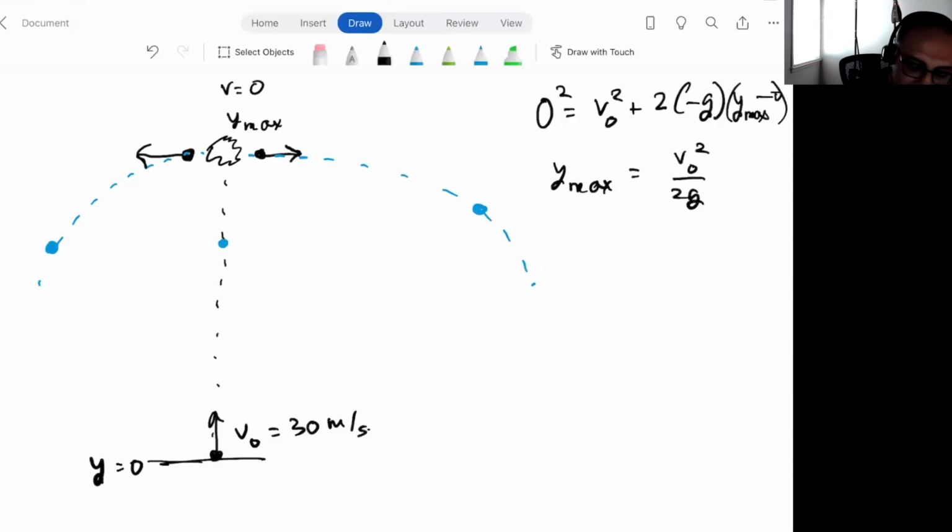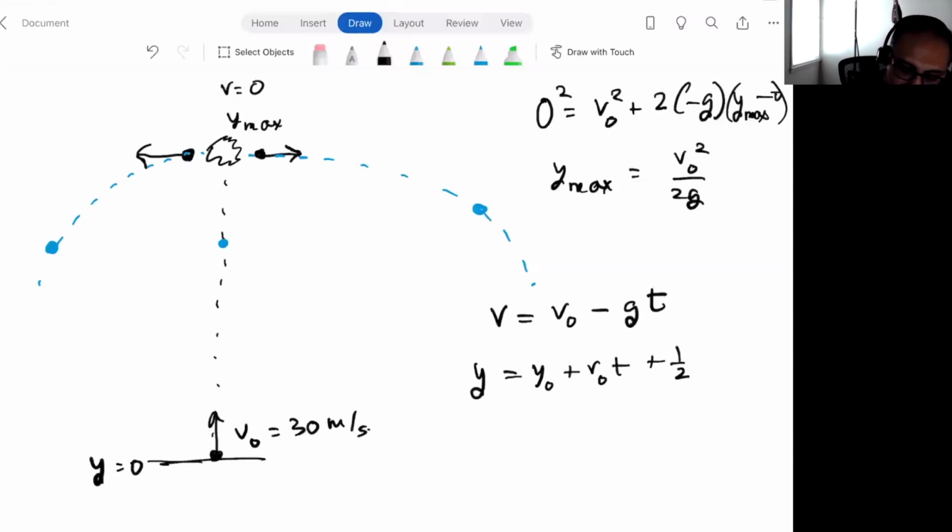Another way you could find it is using the first and second kinematic equations. That would be exactly the same thing. So v final is equal to v initial minus gt, that's the first kinematic equation. And the second kinematic equation is y final equals y initial plus v initial t minus half g t squared.